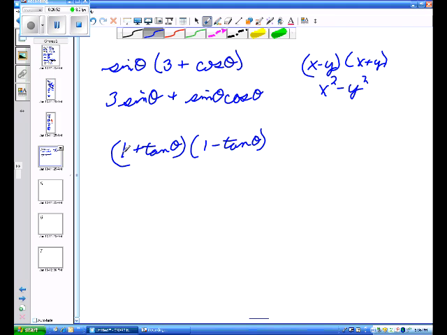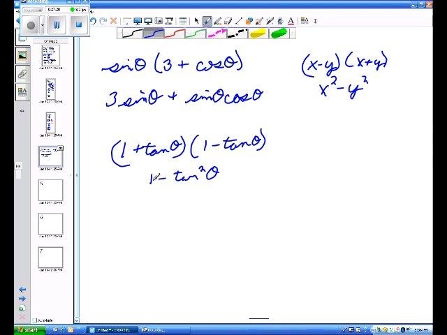If we went through and did our multiplication, we're going to have 1 squared, which is 1, minus tangent squared. If you're not sure, then you go through and do all of FOIL. 1 times 1 is the 1. Then 1 times negative tangent was negative tangent. Tangent times 1 was positive tangent, and those subtracted out. And then you have minus your tangent squared.